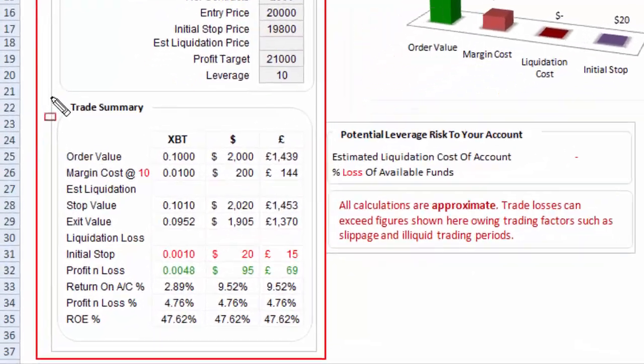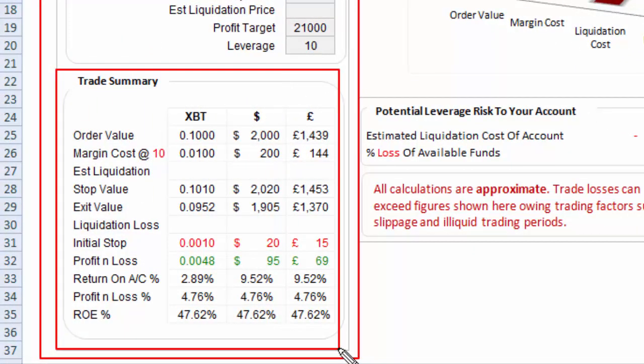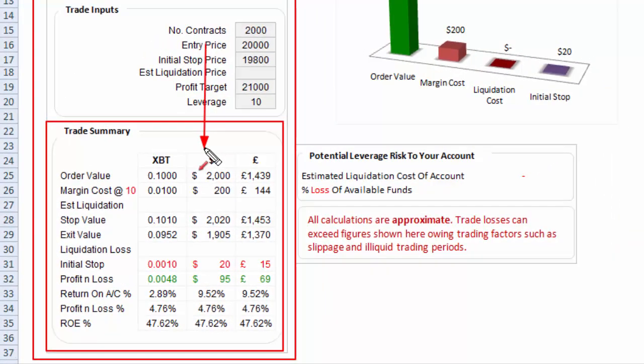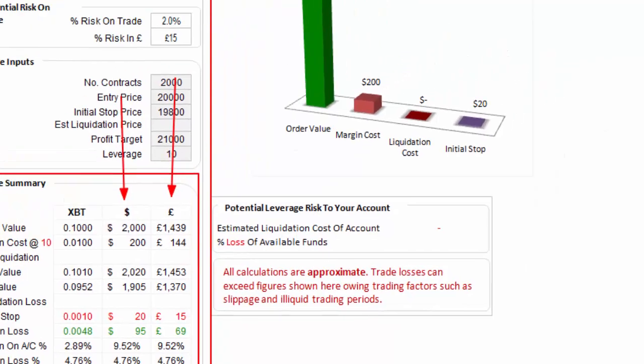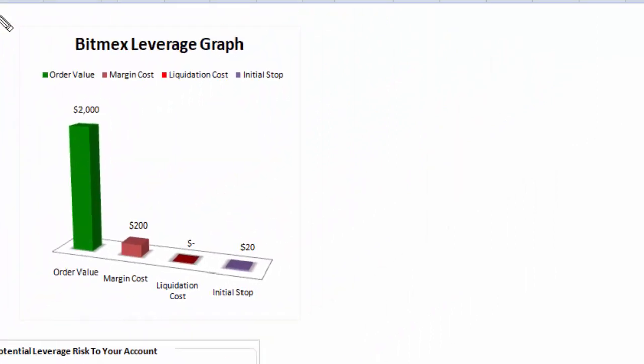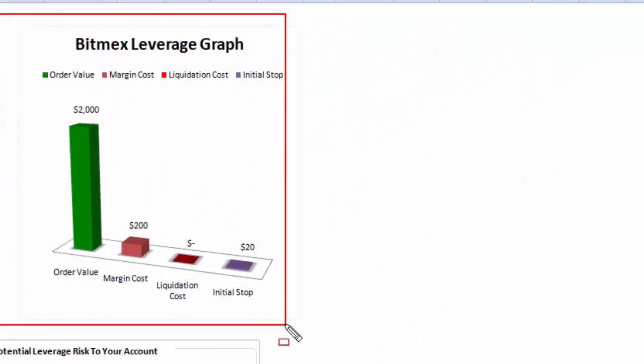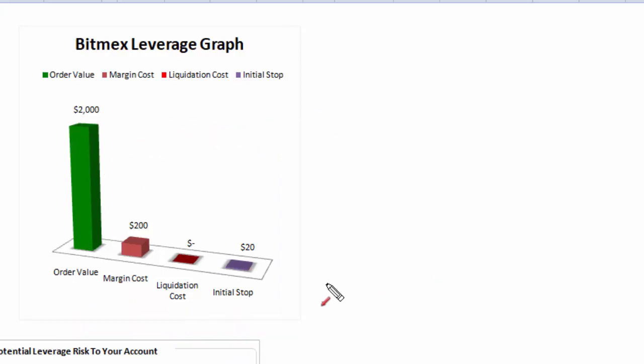After a couple of weeks and some help, I managed to do all of this, and I could convert the Bitcoin price back to pounds and dollars, and also in the software now euros as well. I also created a chart, just for a bit of fun, to see the impact of the margin costs, liquidation costs, initial stop, and of course the order value as well.